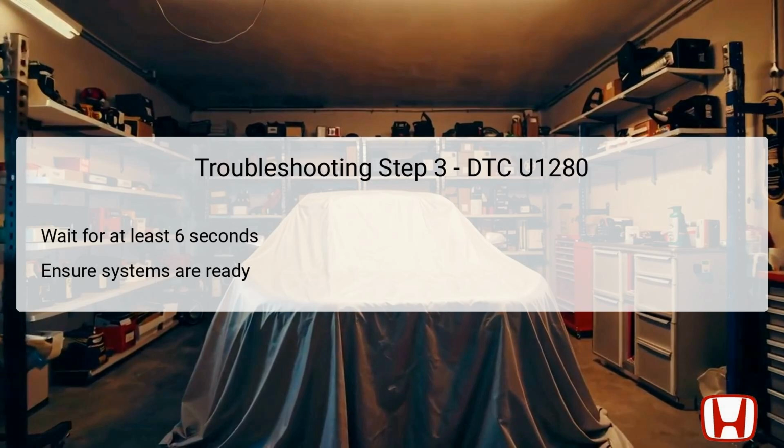This part of the troubleshooting process helps confirm that all modules are active and responding correctly, ensuring that systems are primed and ready before proceeding to check for any new DTCs. This precaution increases the accuracy of diagnosing whether the U1280 code reappears immediately after a reset and initialization of the systems.